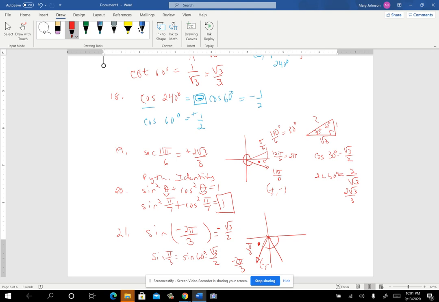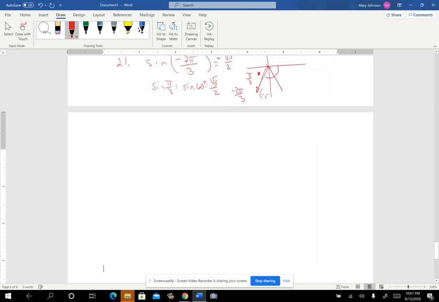All right, so let me get some more paper. Number 22 is cosecant of 22 pi over 3. So that's an angle with a lot of rotation. The denominator's 3, so I'm thinking about breaking things into thirds, top and bottom.